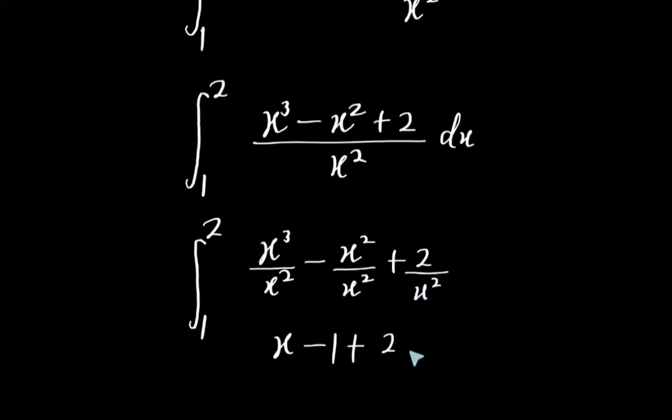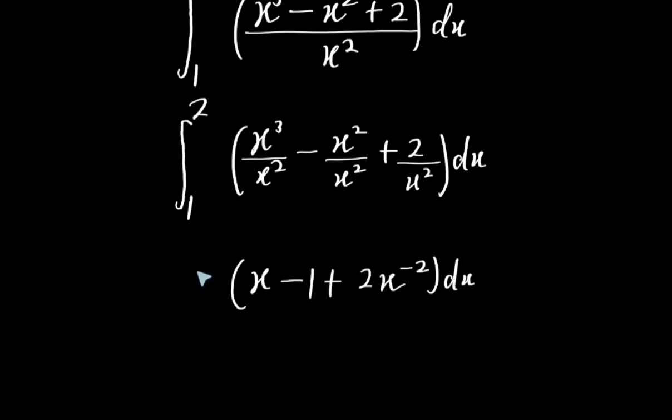If you want to rewrite it in linear form, it becomes 2x to the power of negative 2, with the upper limit of 2 and the lower limit of 1.